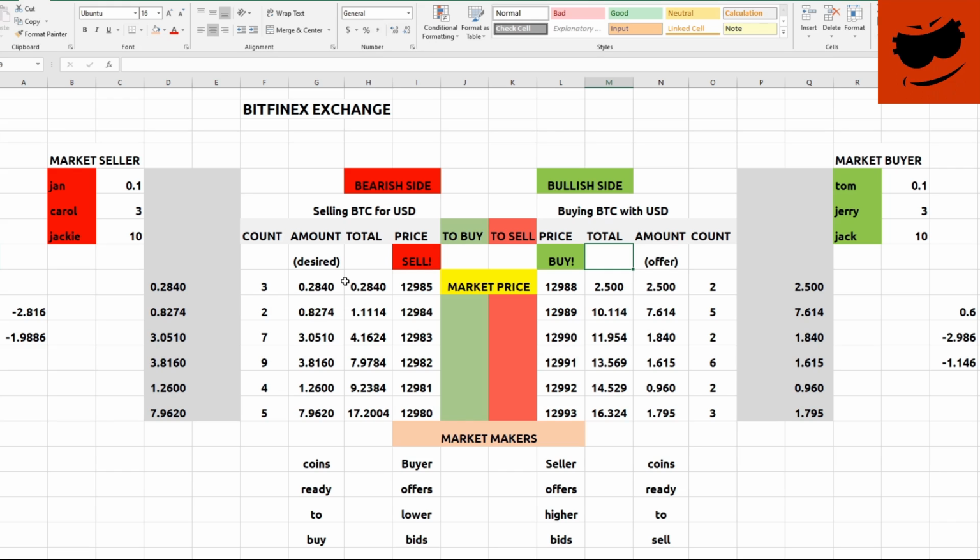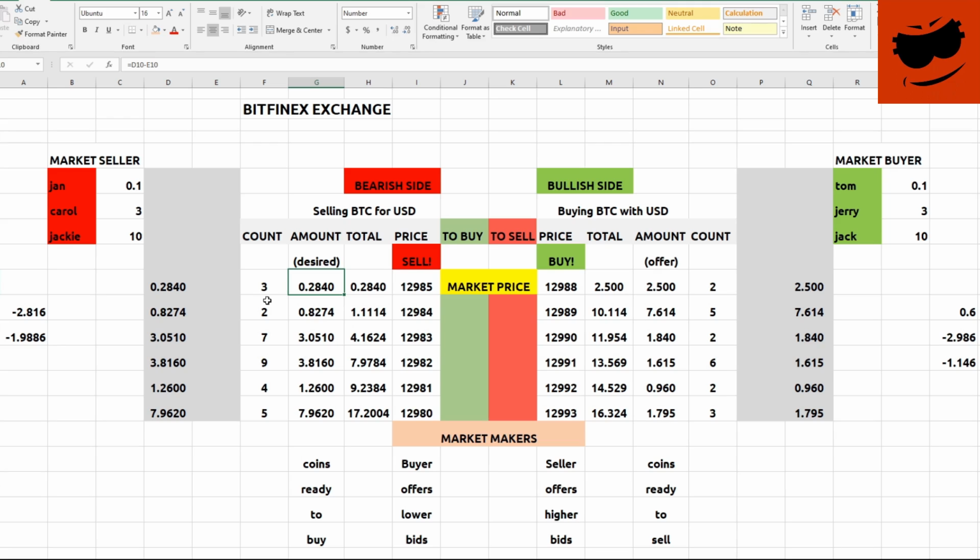On this side, we basically have the people who are trying to buy Bitcoin with their US dollars. They'll put up their dollars to be able to get Bitcoin, and the amount of Bitcoin that they wish goes into this amount, which is their desire. So someone will desire 0.1 Bitcoin, and they'll put up that amount in US dollars to be able to purchase.